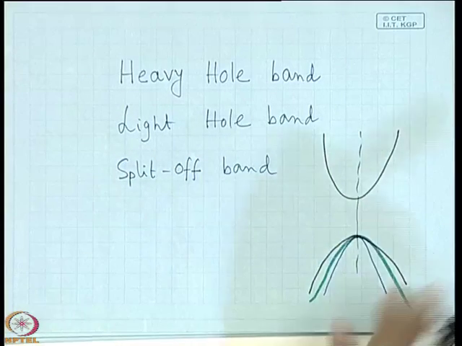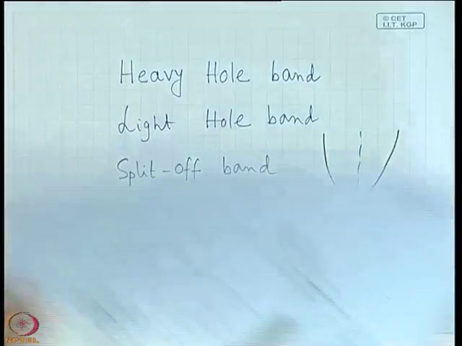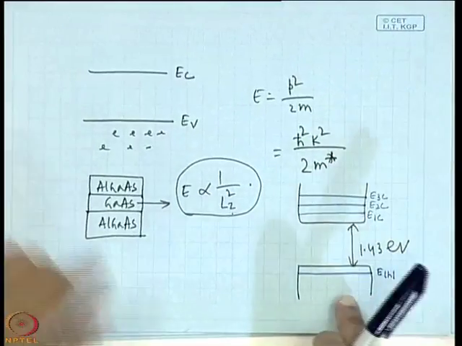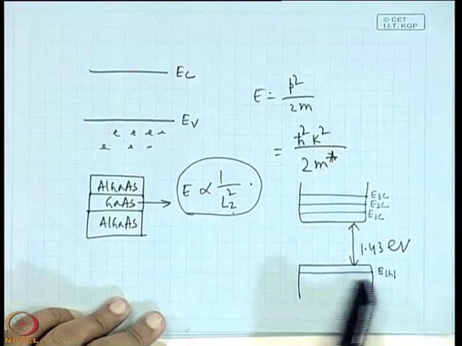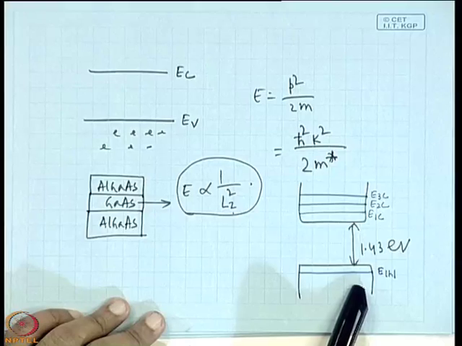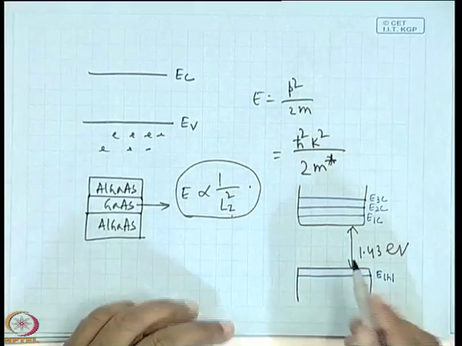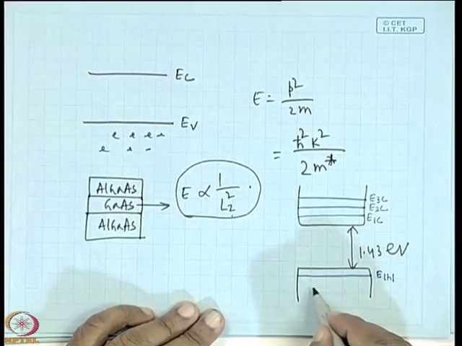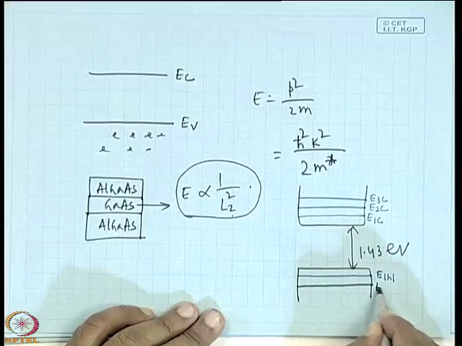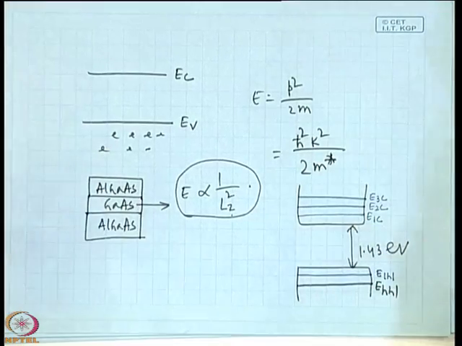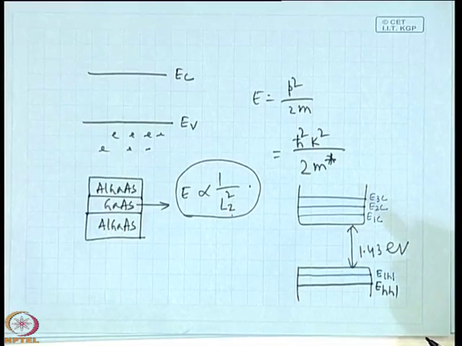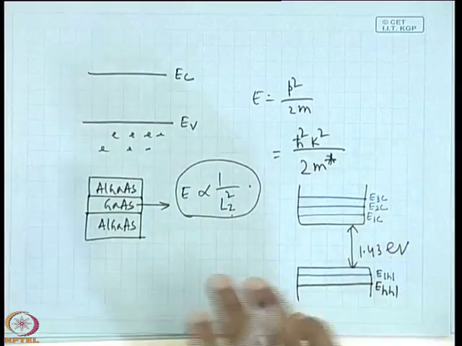So, this valence band will also get split, and the splitting of the valence band will be E LH1, that means light hole 1, then E heavy hole 1, HH1, and so on. We do not know actually how it will split, but there will be splitting of the bands in both the valence and the conduction bands.